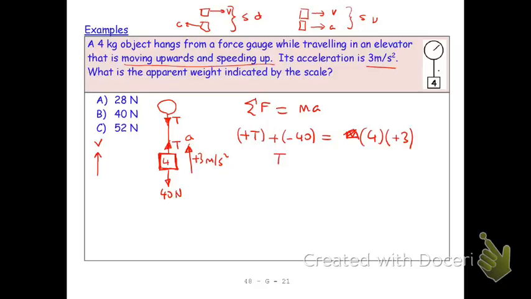So we say T is equal to 4 times 3 minus 40. I'm going to bring that to the other side. That minus becomes a plus. So we get T is equal to 12 plus 40, which equals 52 newtons.